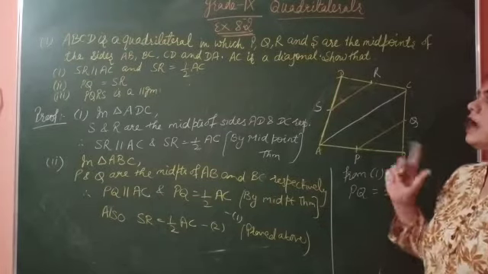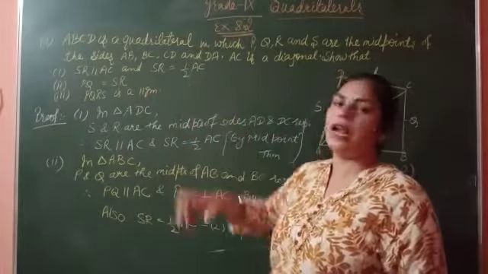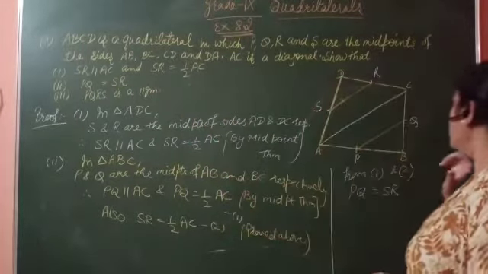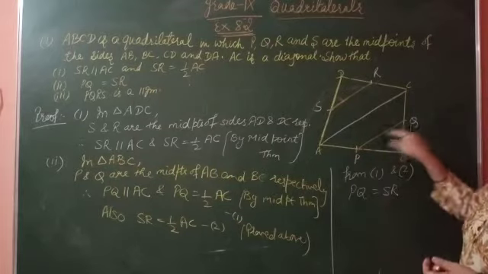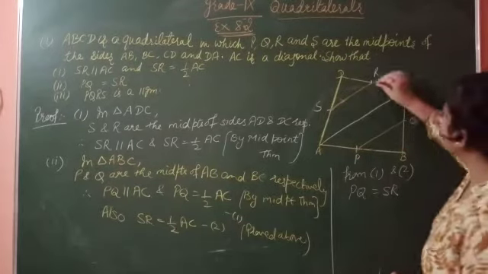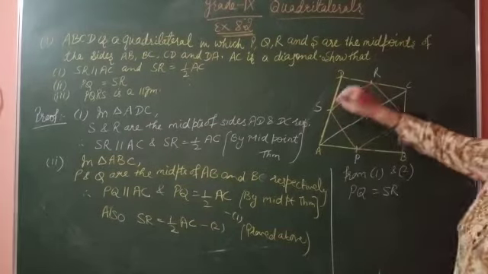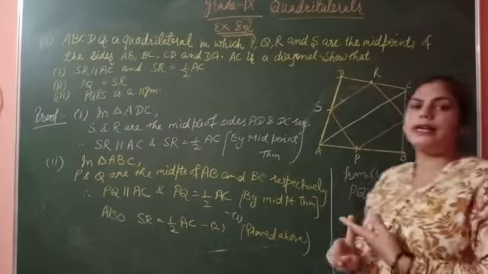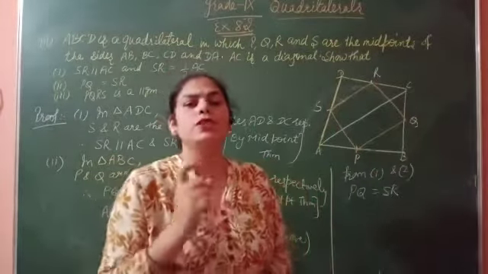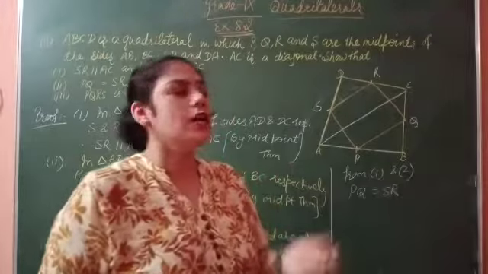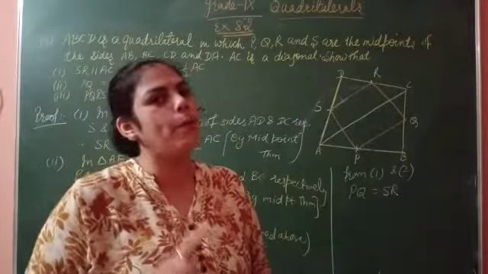Clear? Now come to the third part. Third part: PQRS is a parallelogram. For any quadrilateral to be a parallelogram, we have to prove just two things: that one pair of opposite sides is equal and also parallel.